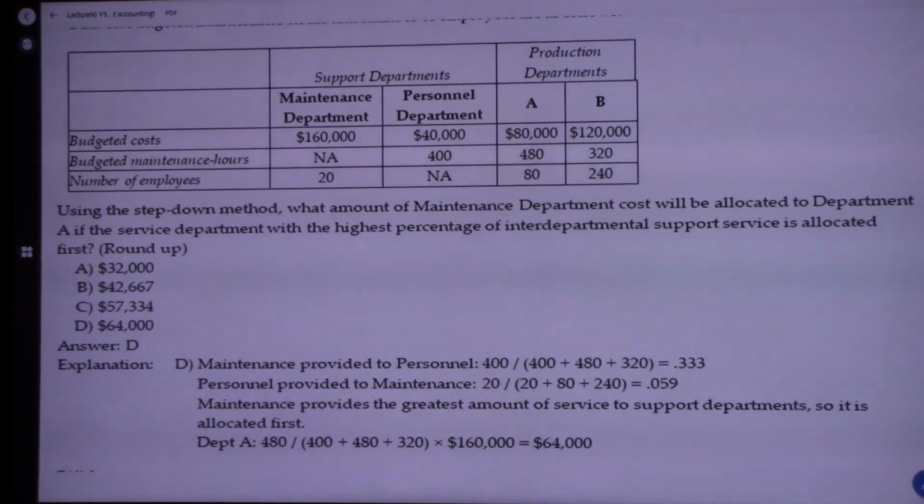We reach 64,000 US dollars, which is the cost allocated to department A. So the answer will be letter D.